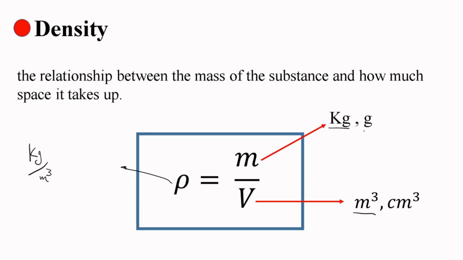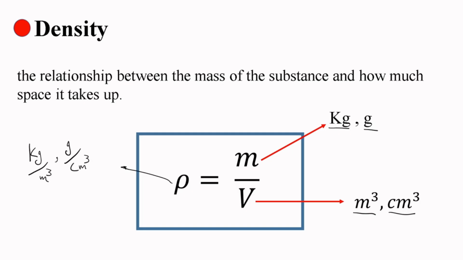And if I have mass in gram and volume in cubic centimeter, the unit of rho, which is a Greek letter and it looks like P, is gonna be gram per cubic centimeter.